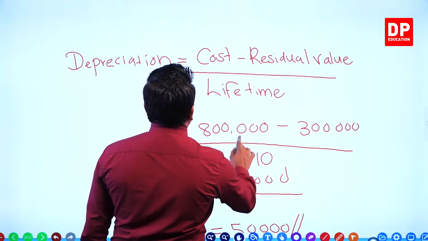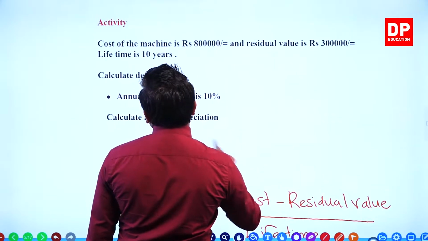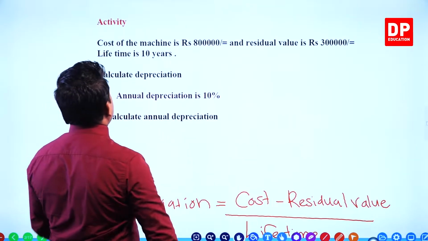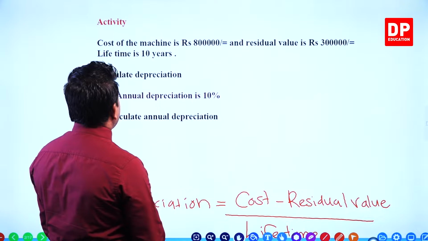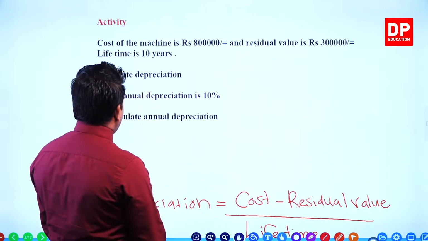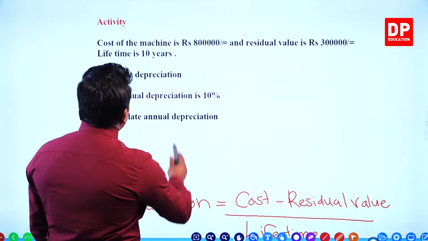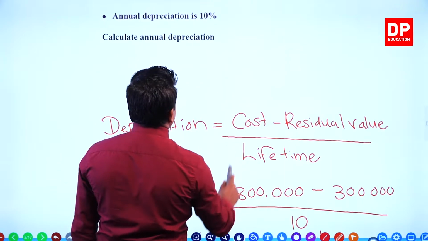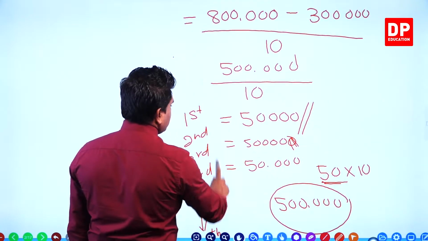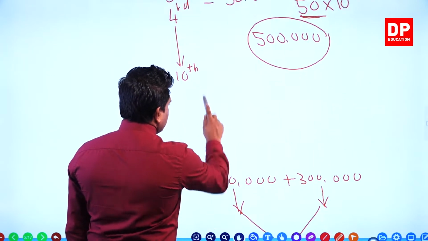Then the second method, you see the question now again. Annual depreciation. Then calculate depreciation using above details. Annual depreciation is 10%. Then how do you do that? Nothing to do, right?